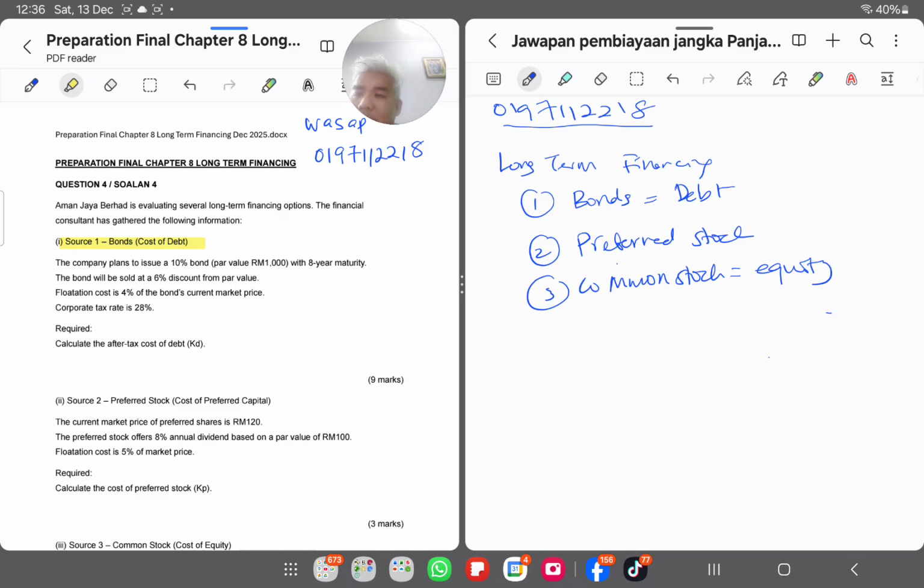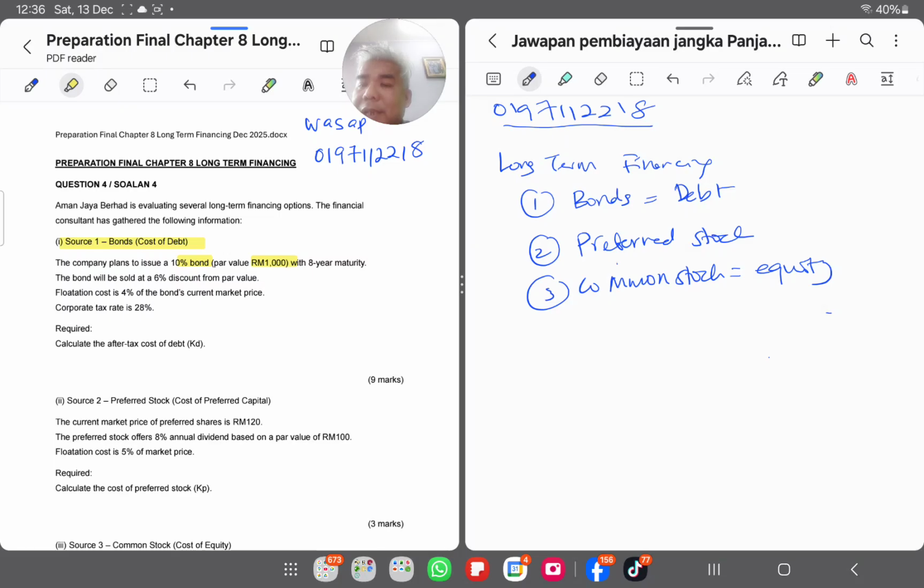The company plans to issue a 10% bond with par value of 1,000. Sometimes the par value is 100, so it depends. With 8-year maturity, the company which issued the bond has to pay the full amount of 1,000 ringgit at the end of year 8.